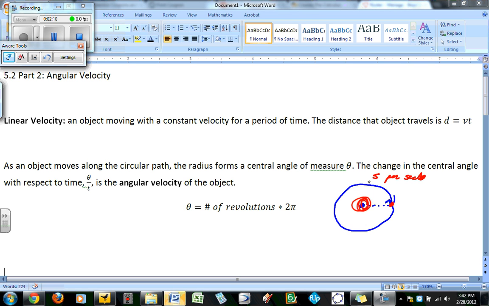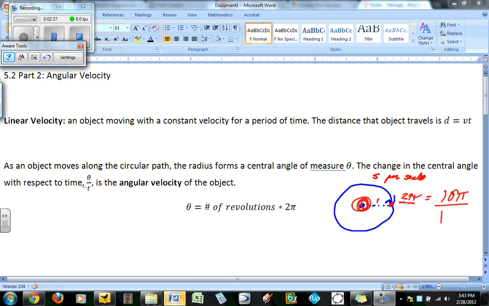If this point goes around in a circle, it completes a distance of 2 pi, if we're just talking about a circle with a radius of 1. If it goes around 2 pi and does it 5 times, it would have an angular velocity of 10 pi over 1 second.